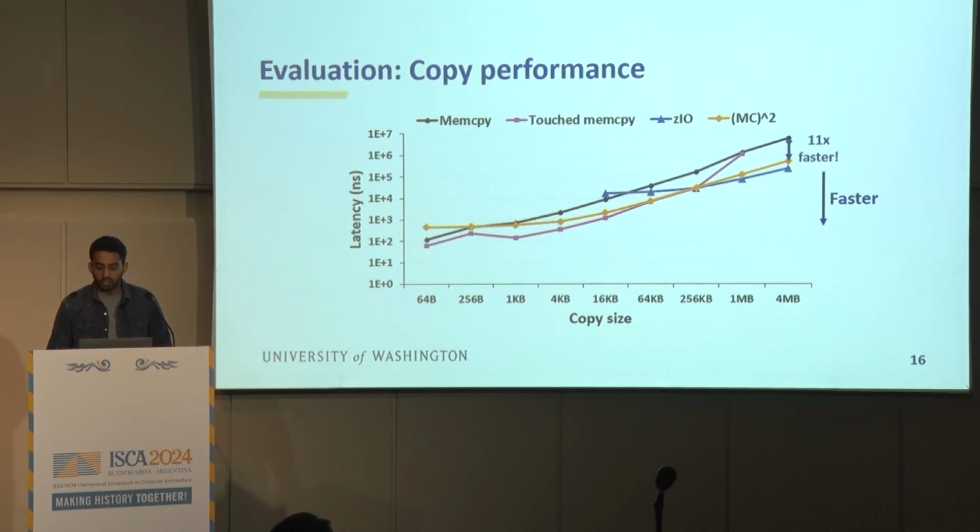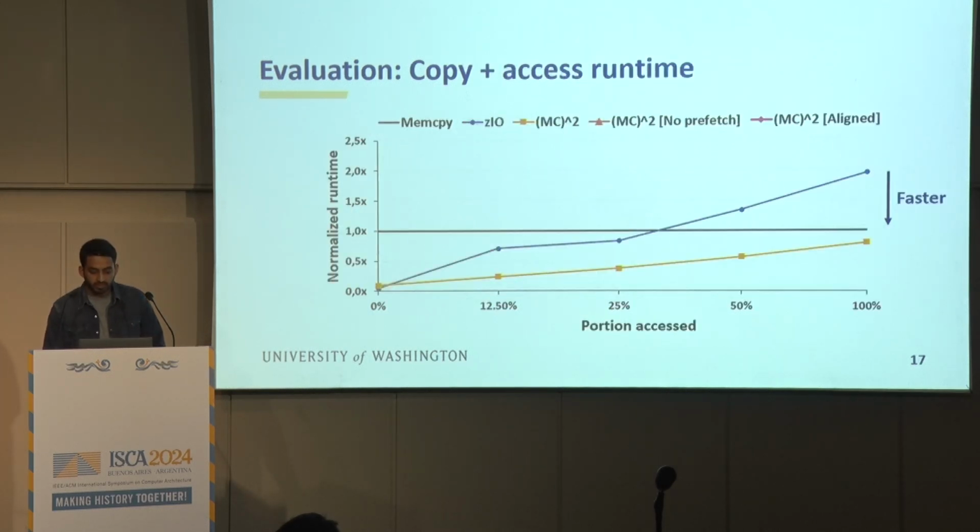It has a high initial overhead due to page table manipulation and TLB shootdowns. Below 256 KB, MC Square outperforms Zio. Above this, Zio outperforms MC Square, as MC Square has that cache line flushing, which has its own overhead. But despite this, we see that MC Square still provides benefits at these sizes, and we'll see why exactly.